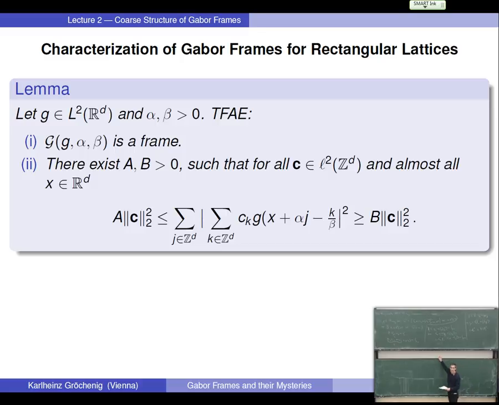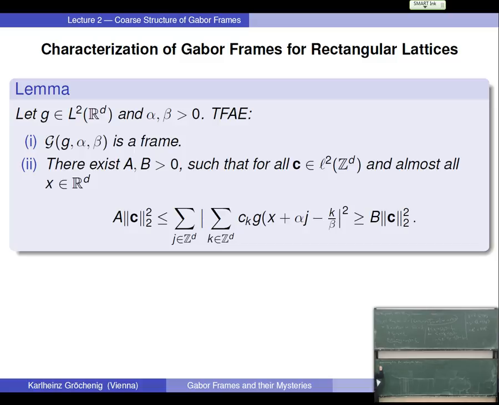For rectangular lattices, I would like to show you how a well-known characterization of Gabor frames for rectangular lattices follows from the duality theory.